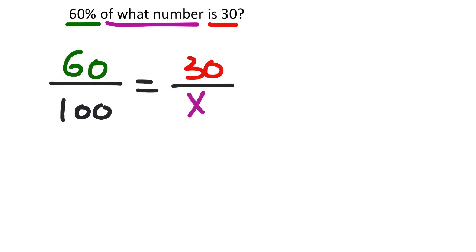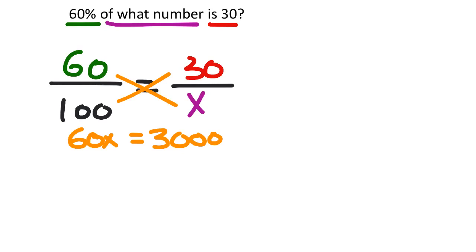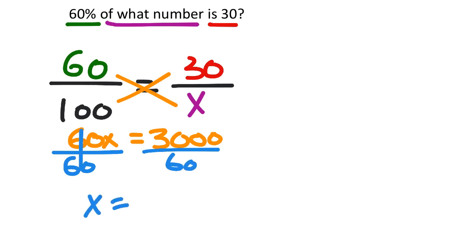So we're ready to solve this with cross multiplication. Some of you guys would say, well, I already see what it is with scale factors, and that works too, but I'm going to keep up with this cross multiplication stuff. So 60 times x is 60x, and 100 times 30 is 3,000. And then to solve this one, I just want the coefficient of x to be 1, so divide both sides by 60, making that 1x, and 3,000 divided by 60 should be 50.